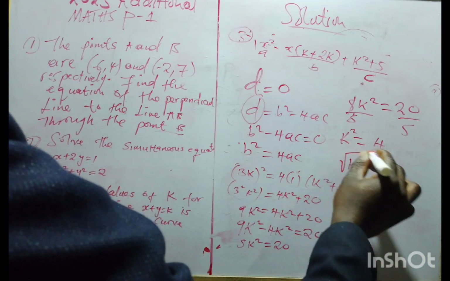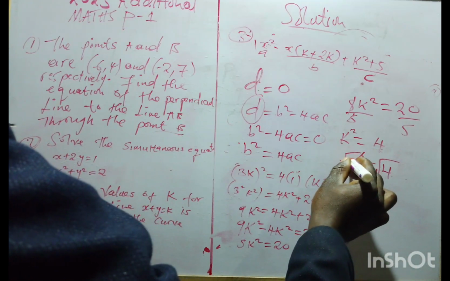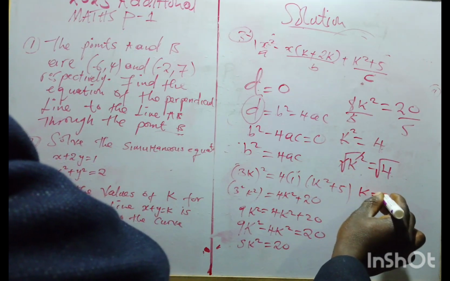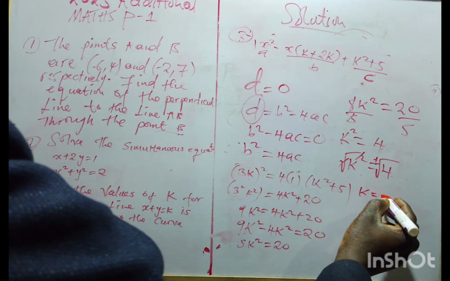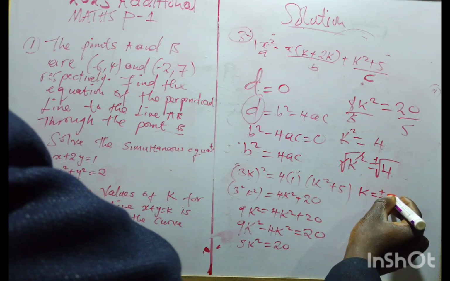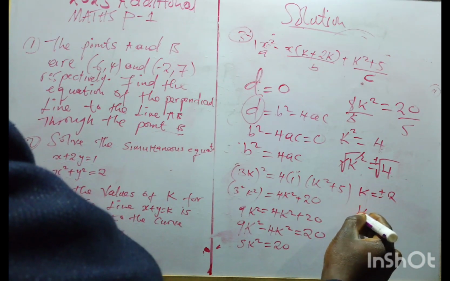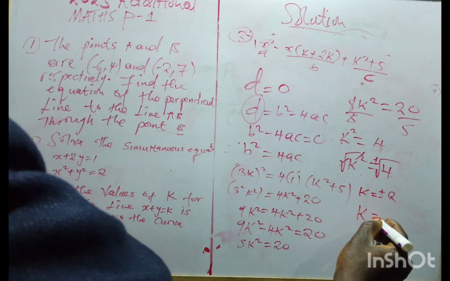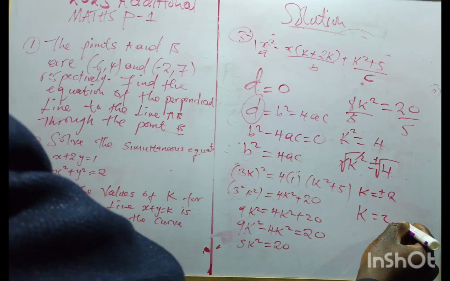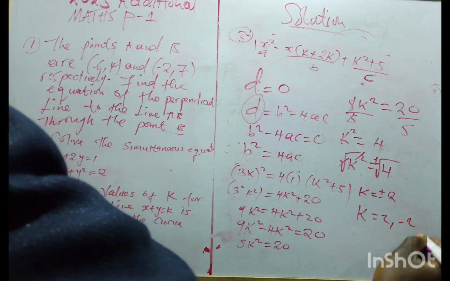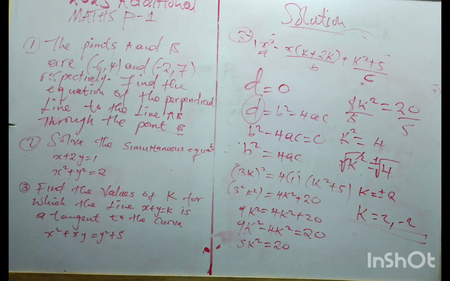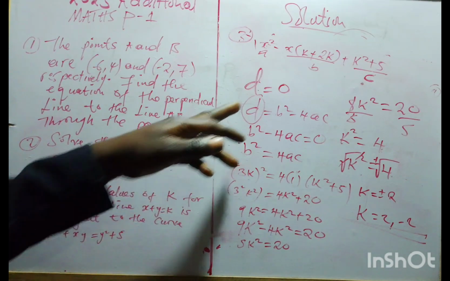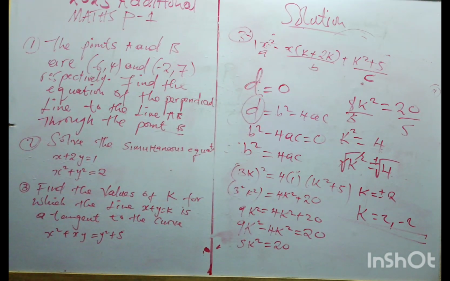Then introduce square root on both sides. Then k to be equal to plus or minus the square root of 4, it is plus or minus 2, in which the values for k are positive 2, minus 2. So these are the values of k when the discriminant is equal to 0.